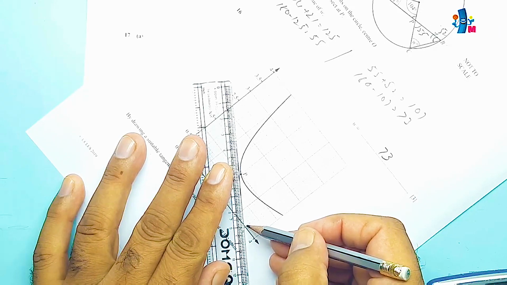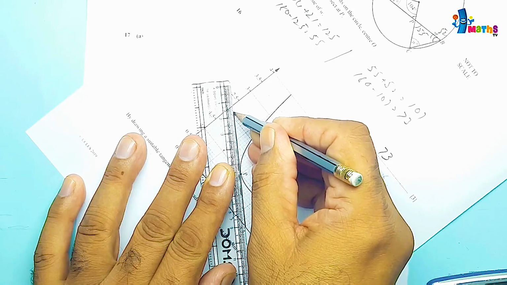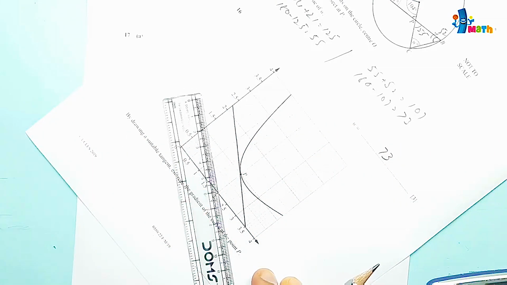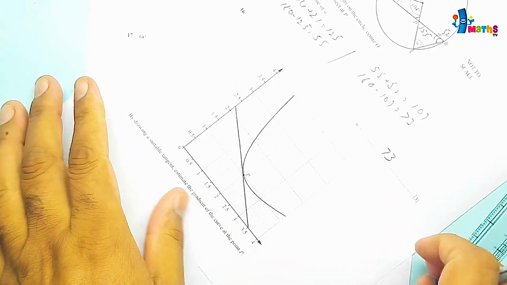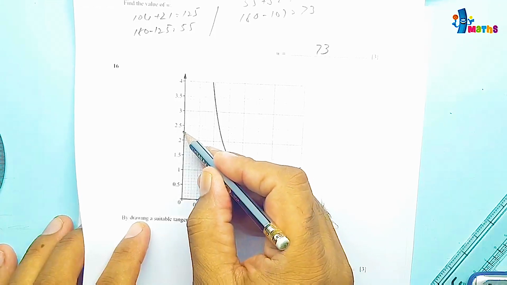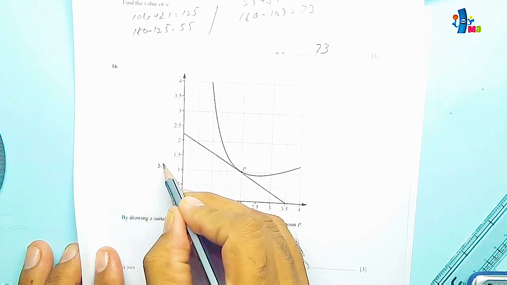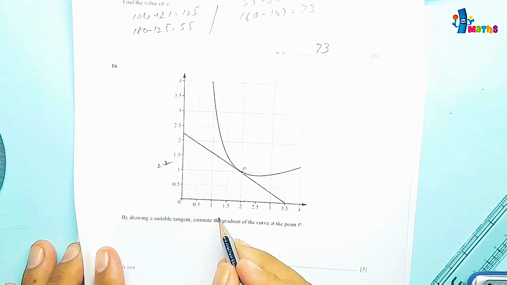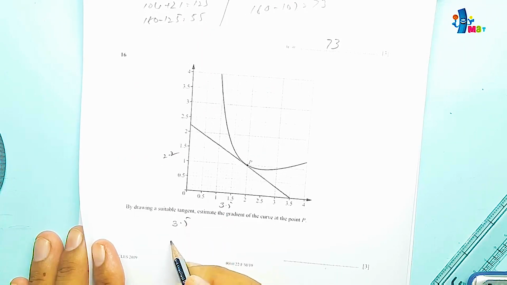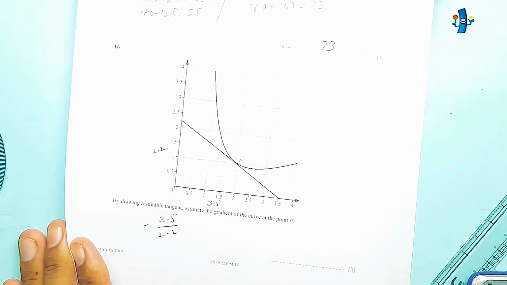We can touch point P over here like this one. So this will be like rise will be 2.2, and this side will be 3.5. So we can write 3.5 divided by 2.2 and this is negative, so we can write minus.